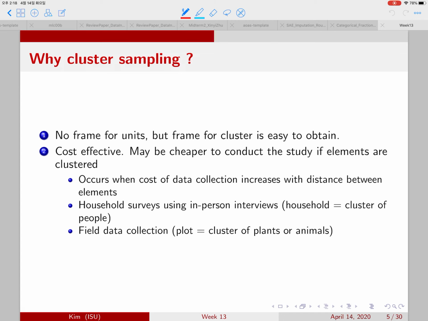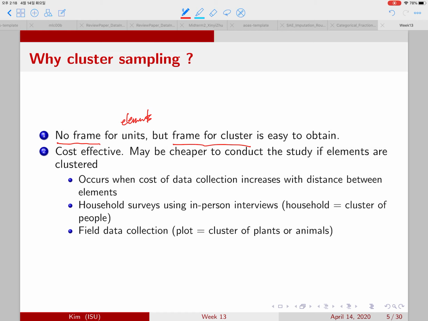Cluster sampling is actually quite popular, and there are two main reasons for doing it. The first reason is that we wish to select elements, but we cannot because we don't have a frame. There is no frame for elements, but a frame for clusters is easy to obtain. Secondly, it is cost effective and convenient.